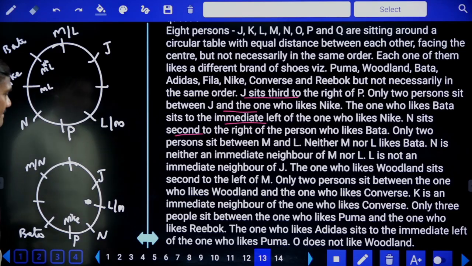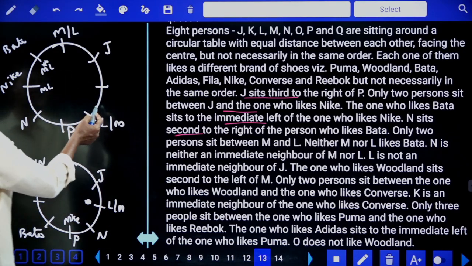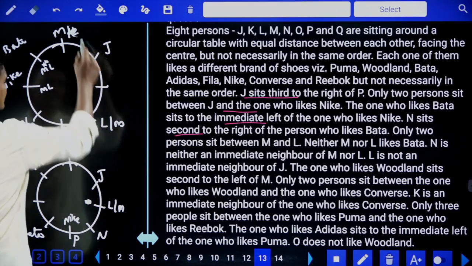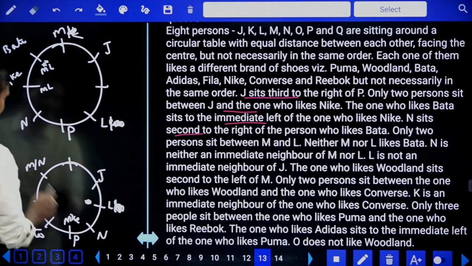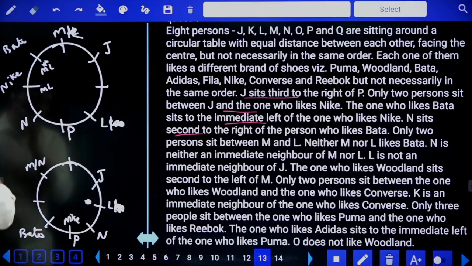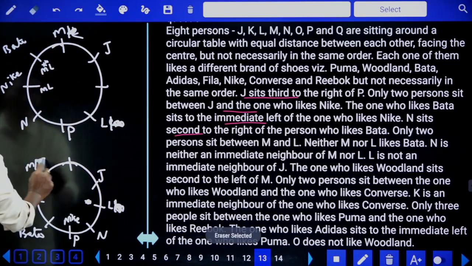Done with this one? Neither M nor L likes bottom, and at the same time L is not an immediate neighbor of J. L is not an immediate neighbor of J, hence M is here. If M is here, L is here. M is not an immediate neighbor of J, L is here, and this must be, and M is at this place. Then M must be at this place.